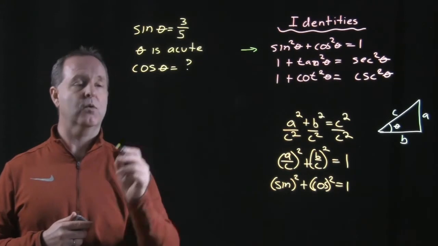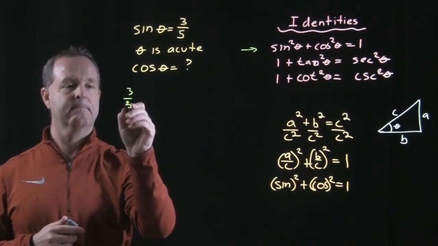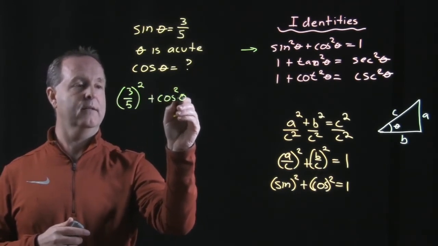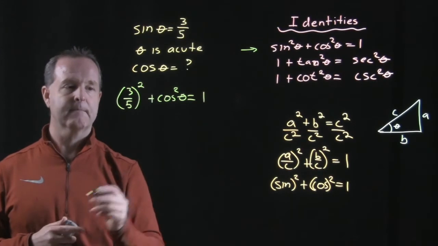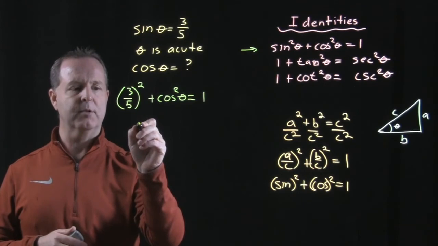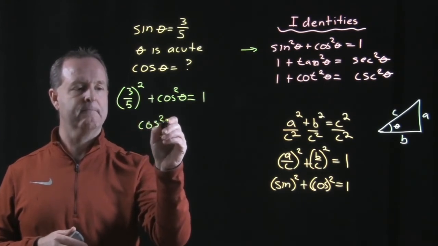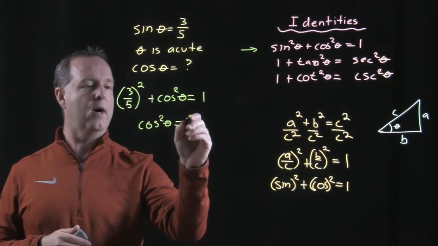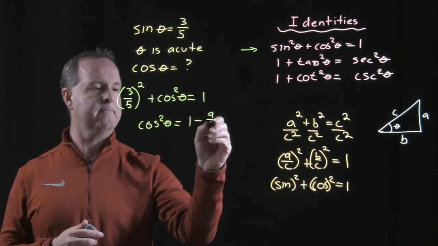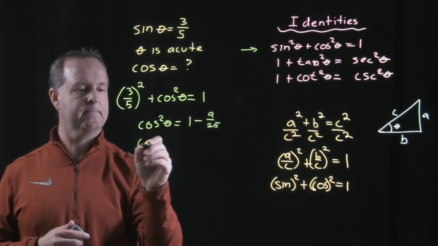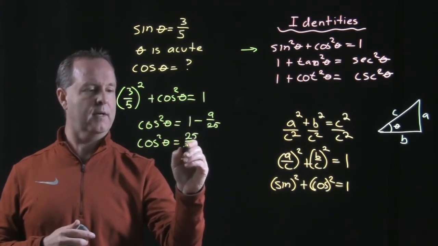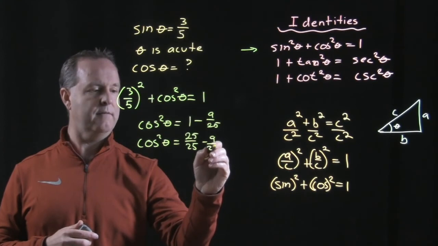So sine of theta squared, so that's 3/5 squared, plus cosine squared of theta equals 1. Solve that for cosine. Same thing we've done before is isolate the variable term. The variable term in this one is cosine squared, which equals 1 minus 3/5 squared. What is that, 9/25? One is also the same thing as 25 over 25 minus 9 over 25.